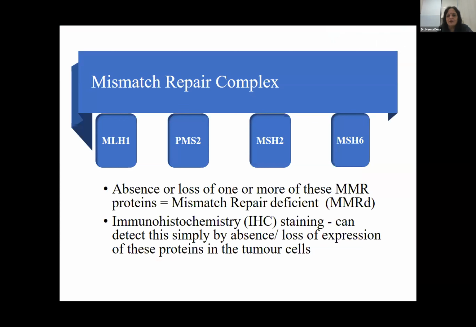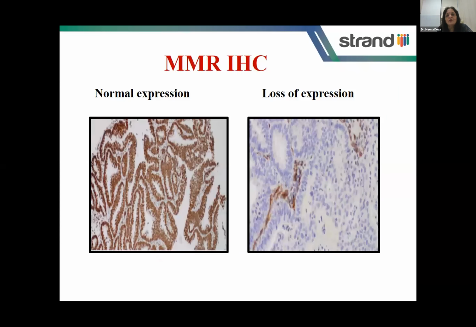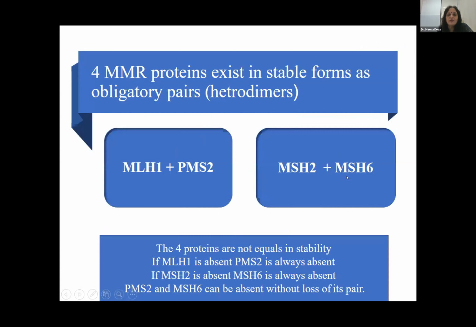Absence of one or more is equal to a mismatch repair deficient status. And immunohistochemistry can be very well performed. Here you can see the one on the left side, which is brown, is a normal expression. Here is the loss of expression. What you see brown in between are actually the stromal cells and the few lymphocytes.